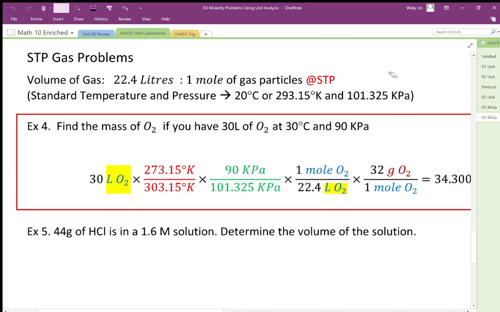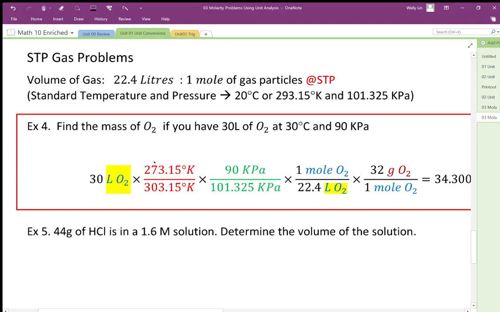If I increase the pressure, I need to make sure that the smaller number is on top and the bigger number is on bottom. So we need to have a sense of which numbers go on top. One check for this is that when I do STP gas problems, the STP temperature and my STP pressure should be in opposite places.